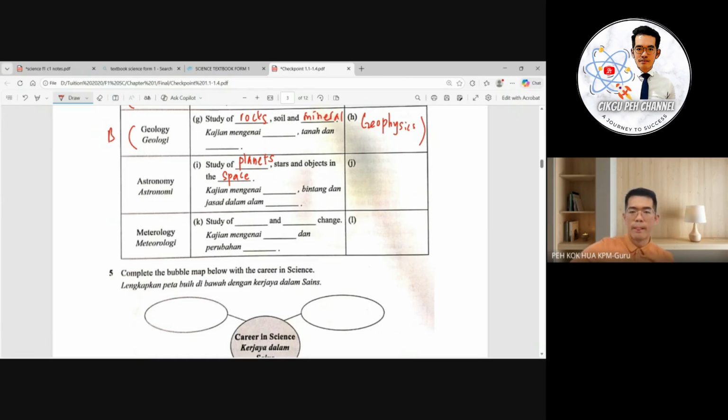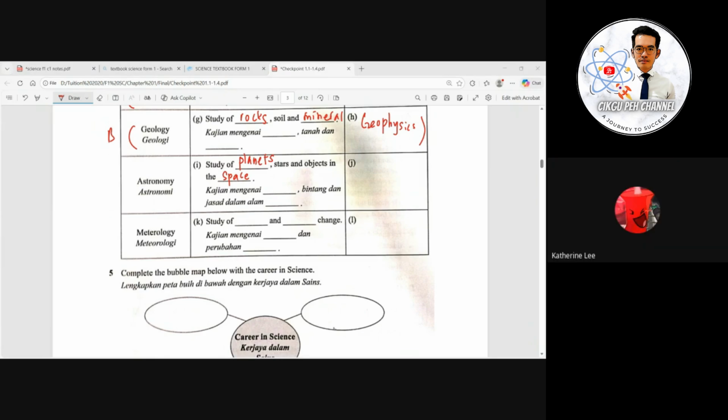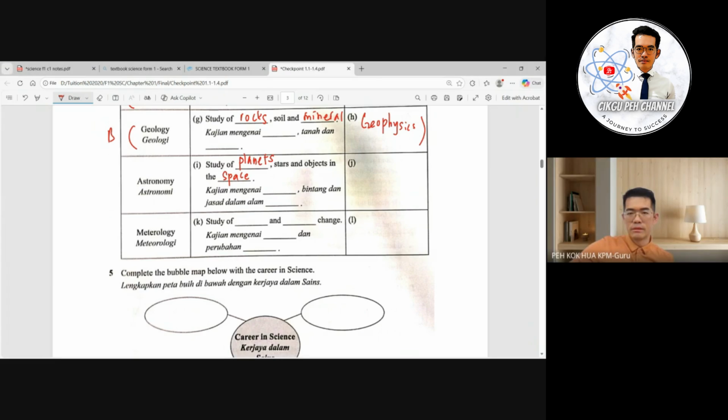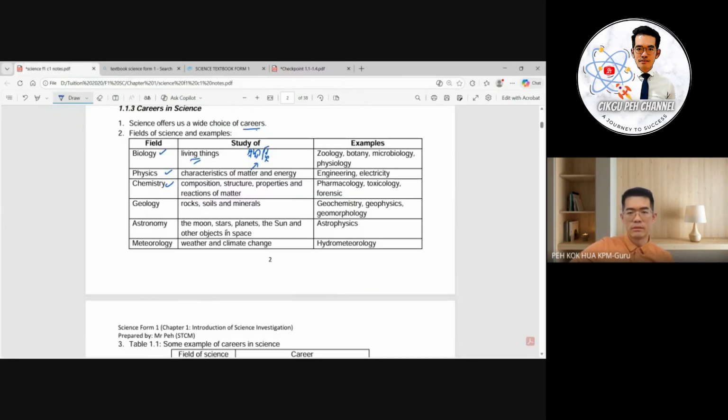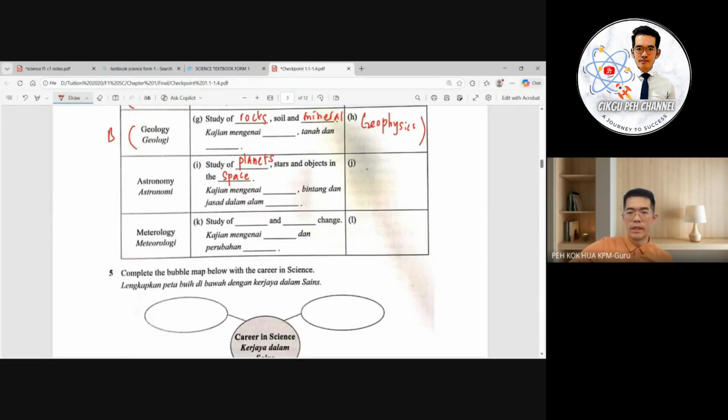Clear, everyone? Oh, Catherine, can you follow? Okay, so for examples of the field related, we can choose one and only in our notes, astrophysics. You can just follow. Astrophysics. Make sure you all get the answer.